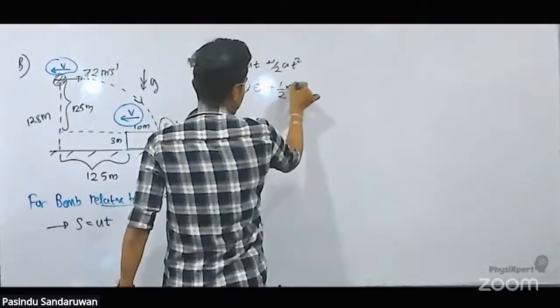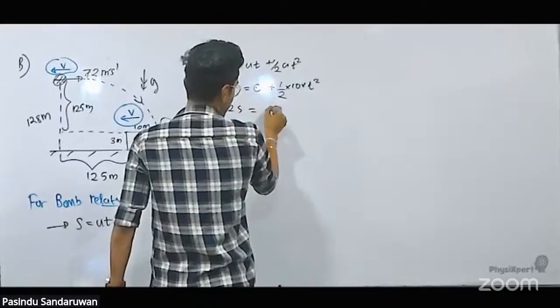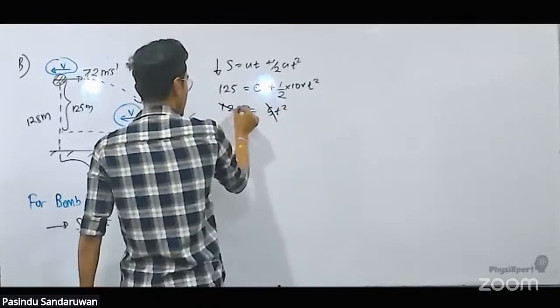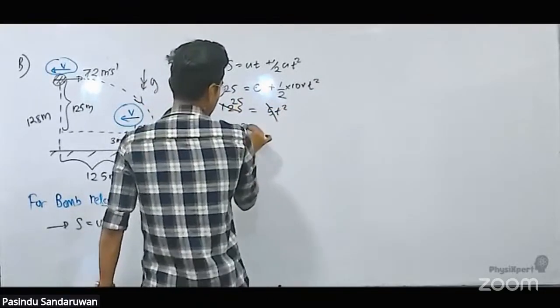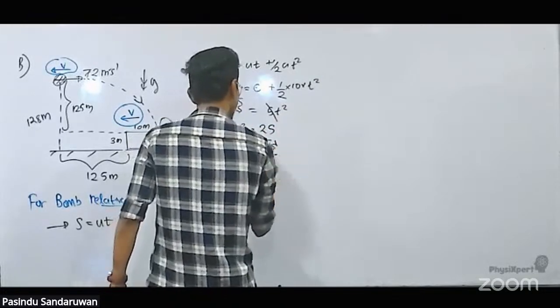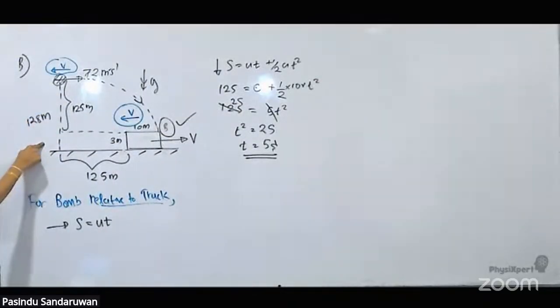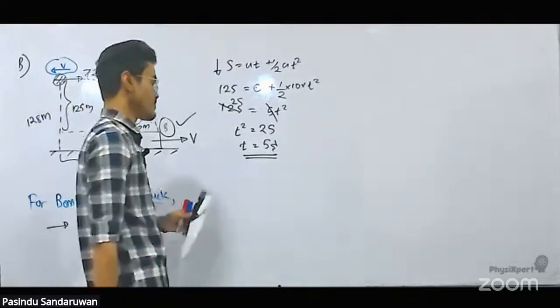Right? Then plus 10 t squared. 125 equals 5 t squared. 5 and 125 cancels, 25. t squared equals 25. t equals 5 seconds. Right? t equals 5 seconds. Now, mistakenly, if you put 128 or something, it won't get a perfect root. Right? 5 seconds.